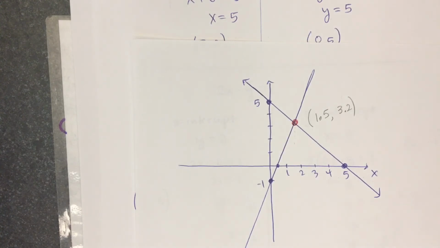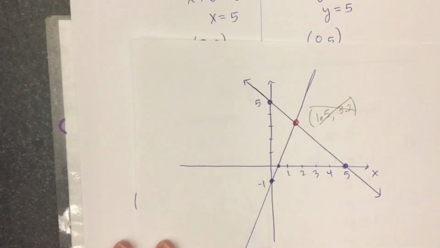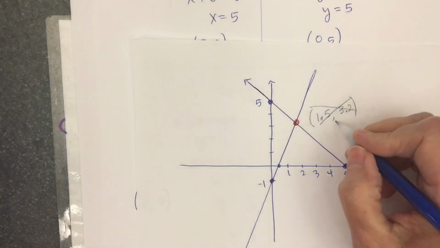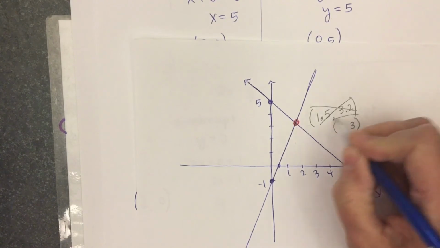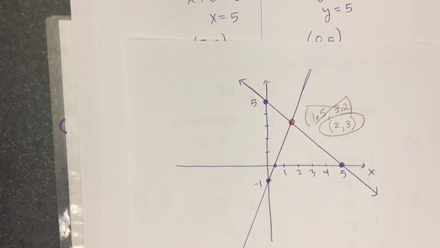I'd check it by plugging it in. Now, this is not correct. I'm going to put an X through it. And the correct answer, their intersection point, is 2, 3. The answer we got by kind of looking at the equation.